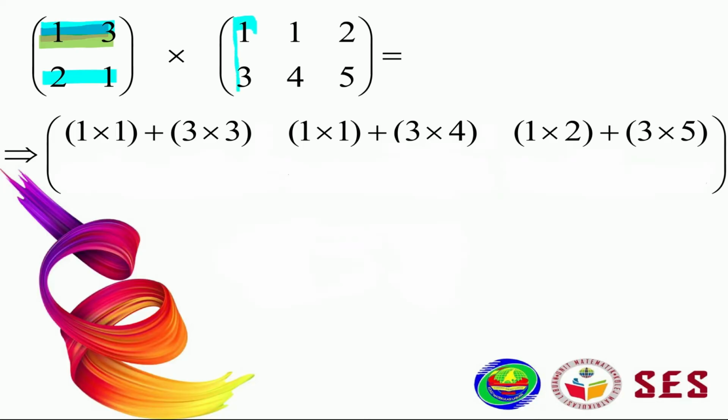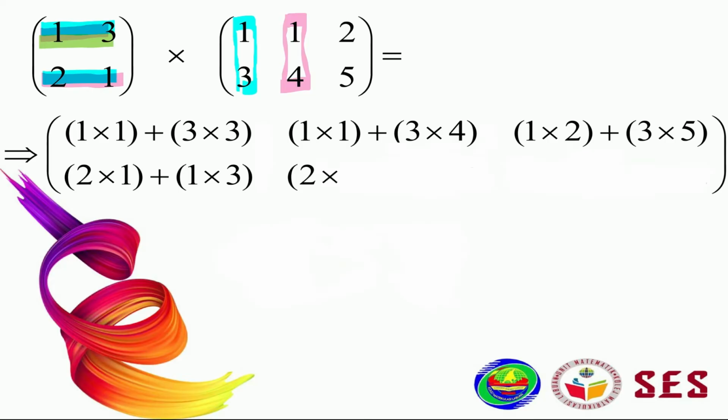And then we multiply it with the first column of the second matrix, and then we repeat again with the second column. So we have 2 multiplied by 1 plus 1 multiplied by 4, and finally we multiply it with the third column. So we have 2 multiplied with 2 plus 1 multiplied with 5.